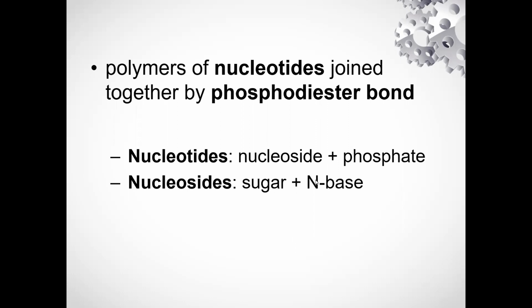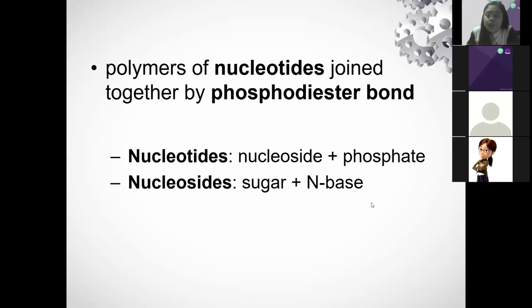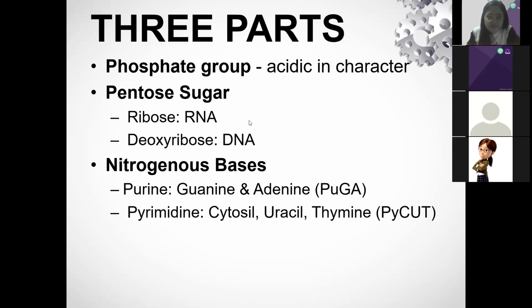Again, sugar plus nitrogenous base, we call it nucleosides. If we add phosphate to these nucleosides, that's the time we have now the building block of nucleic acids, which we call nucleotides.